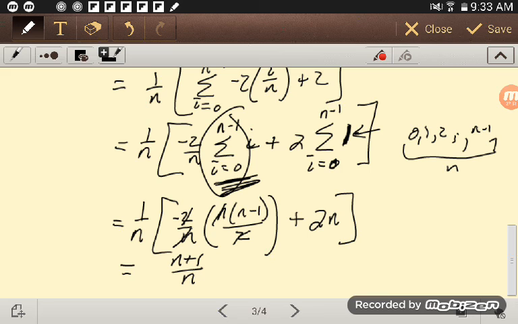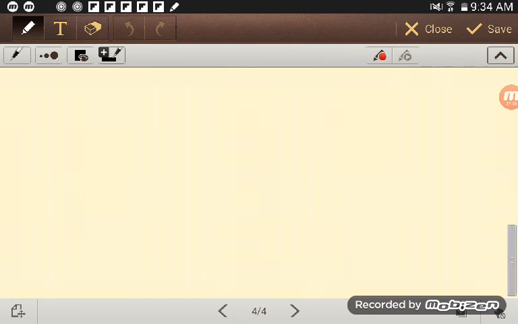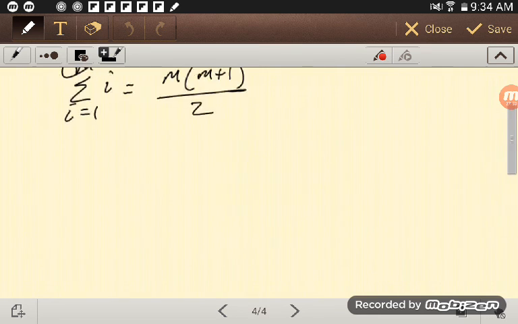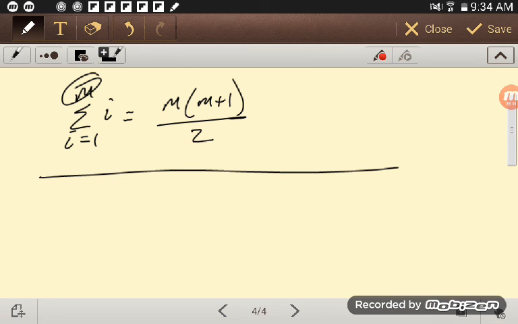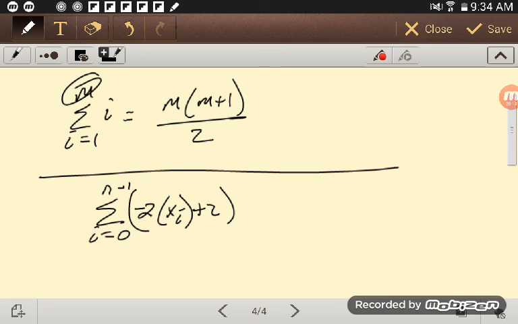So I'll go here and we'll just scoot down below that stuff. What I've determined is that this sum from i equals 0 to n minus 1 of minus 2 x i plus 2, all times 1 over n, boils down to n plus 1 over n.